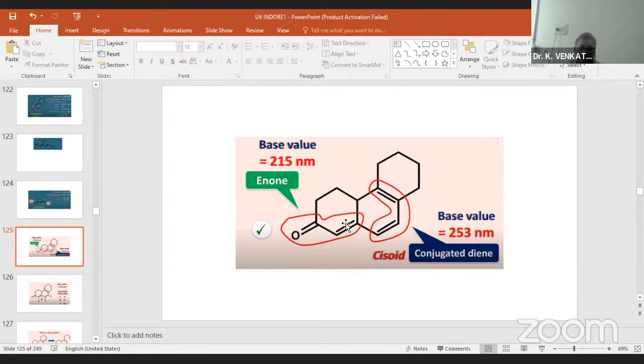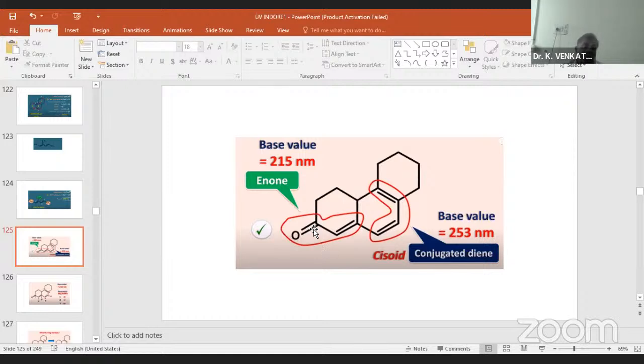Don't consider this. We consider only for this, where ketone is present. In case homoannular is present, the base value is 39, so we can give the increment for 39. So here the base value is 215 nanometers.